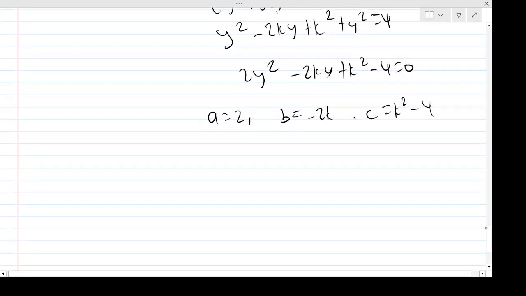Well, if it only has one pair of solutions, remember, it has x, y, or x is equal to something, or y is equal to something else. That there's only one solution here. Well, that means there's only one y and one x value. But that means then, if we solve this quadratic, like in the last example, that would only have to give one solution for y.